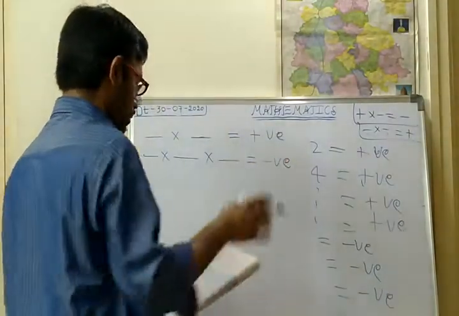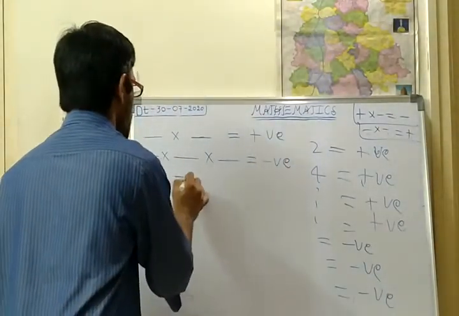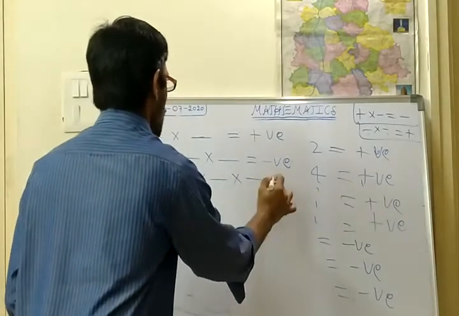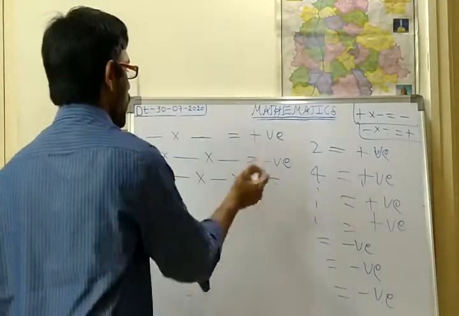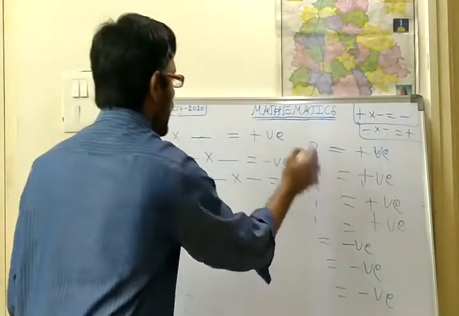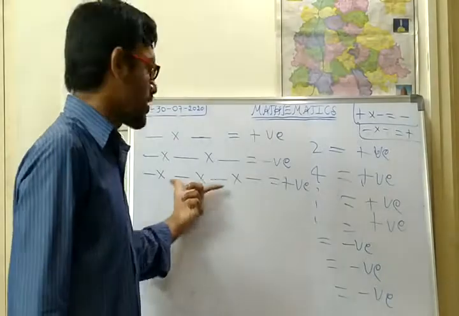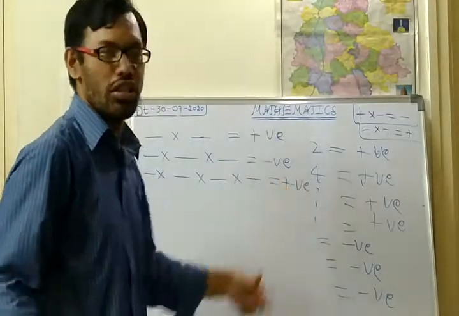Next, the product of four negative integers. So what is the result? 1, 2, 3, 4 are there. 4 is an even number, so an even number of negative integers. The result is a positive integer.